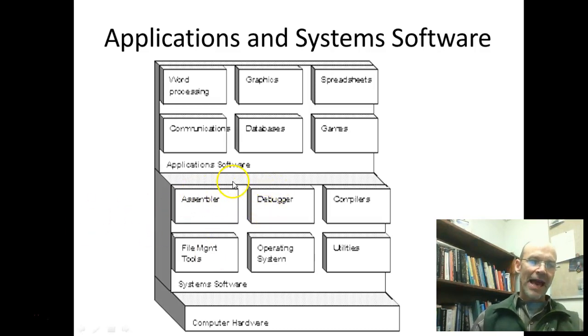And then you have the application software, and these are things like graphics programs, such as Adobe Illustrator, Word for writing papers, spreadsheets, communications, databases, gaming. Now, what is not illustrated here is cloud computing, which relies on a connection to the internet through Wi-Fi or computer networks and receiving that information.